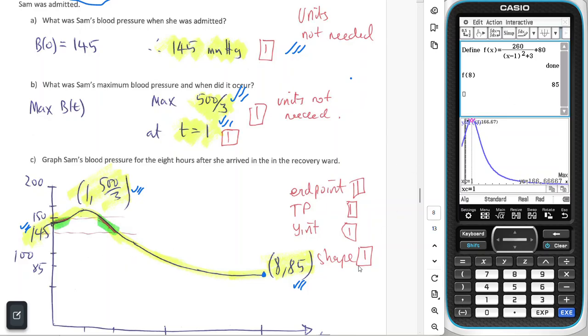Now, they've given me 4 marks for drawing this very simple graph that I can do on my calculator. I'm wondering what it is about this graph. So maybe I see that that's 1 and that turning point's at 1. What would happen if that was at 2?